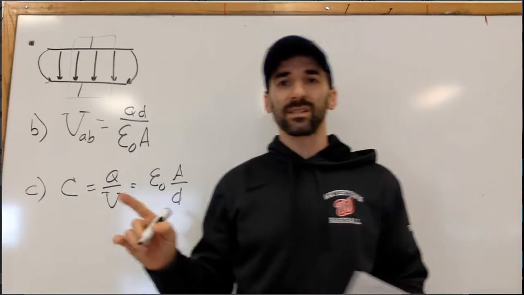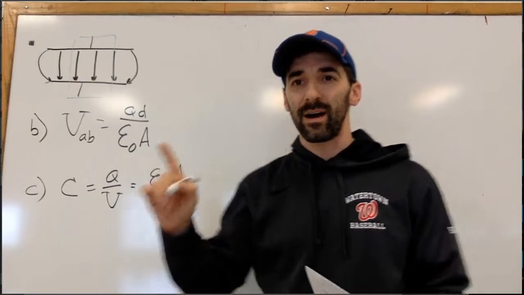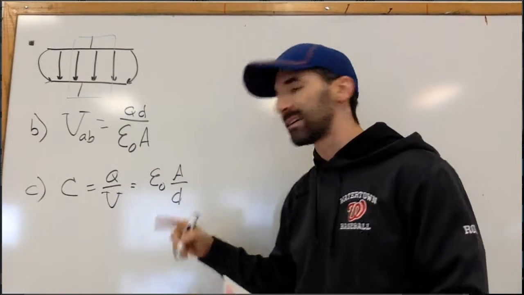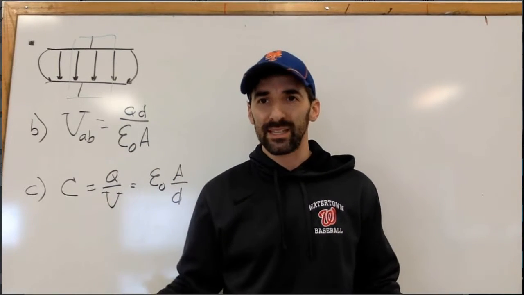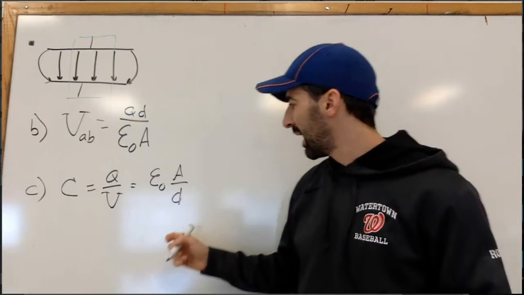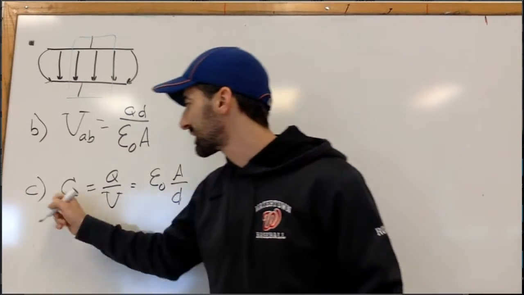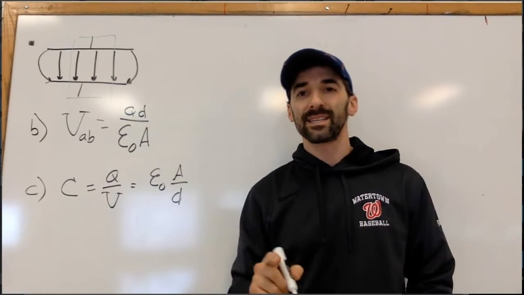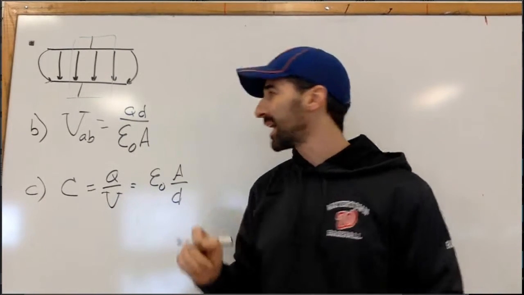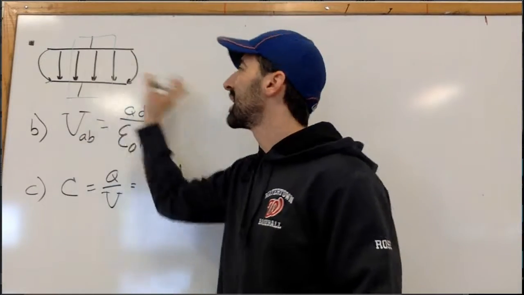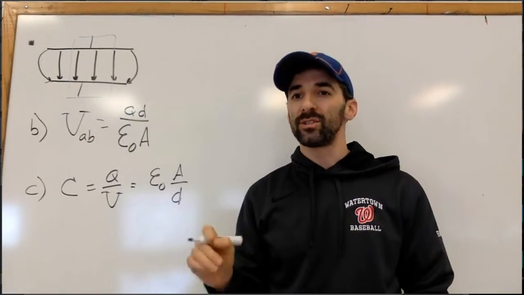From my formula, C and D are inversely proportional. If C and D are inversely proportional, as D increases, what's going to happen to the capacitance? The capacitance is going to decrease. But that's not actually accurate in real physics. Again, let's start talking about this fringe effect.